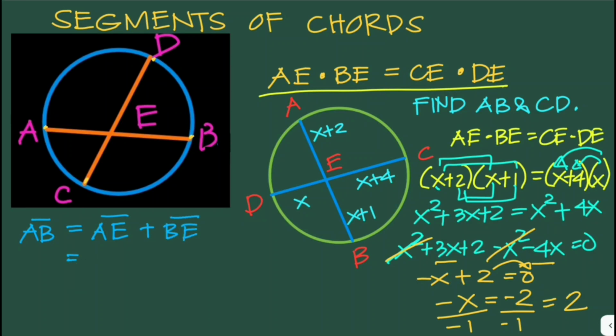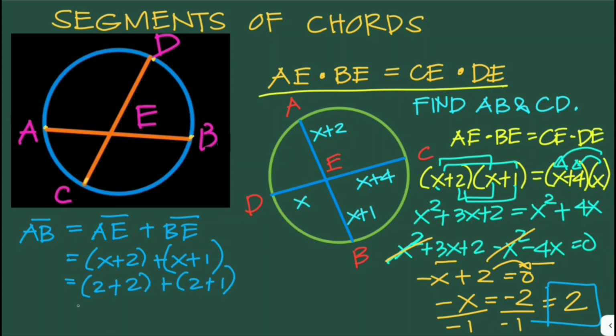So that is x plus 2 plus x plus 1. But we already have the value for x, which is 2. So we just substitute the value here of x: 2 plus 2 plus 2 plus 1. So this is 4 plus 3 equals 7. So that is the length of chord AB.